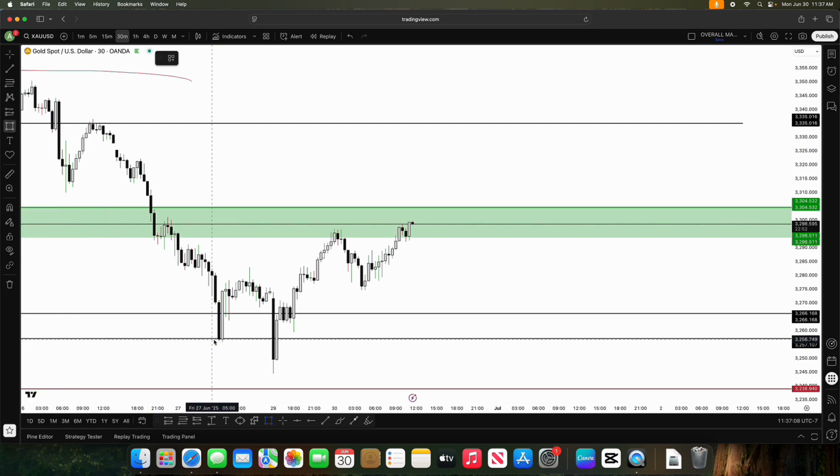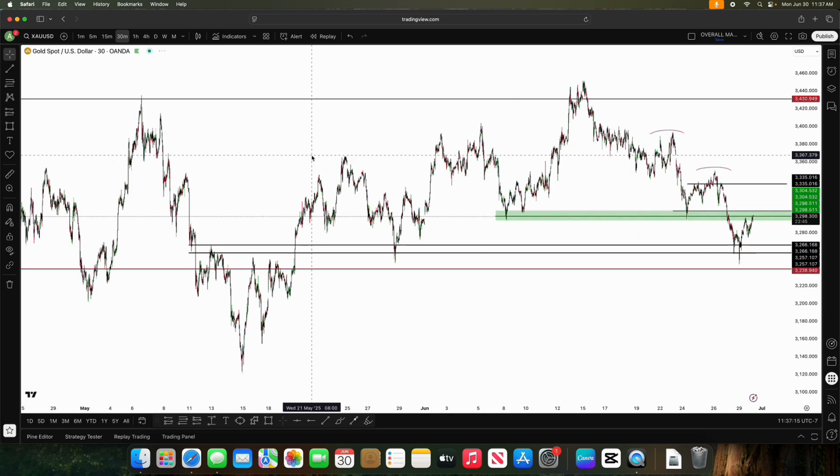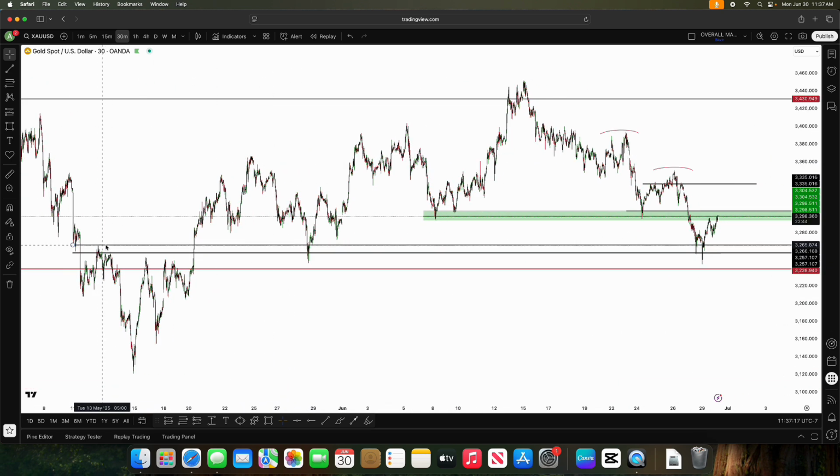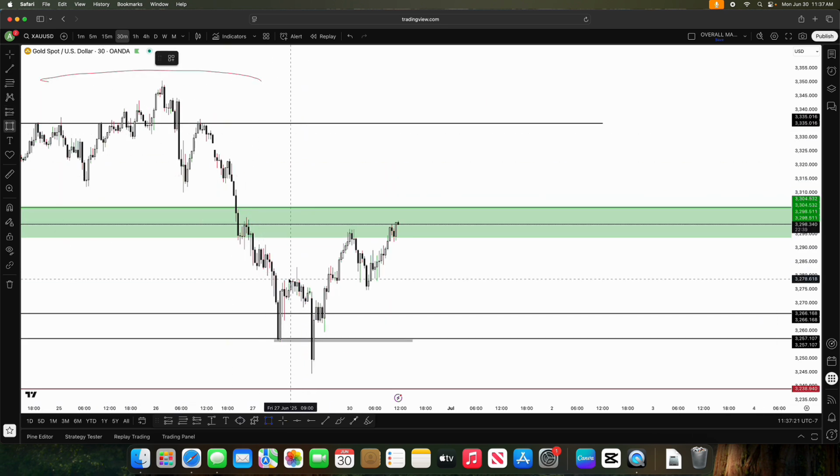We see here on the 30-minute time frame, price tested this level of support based off your 30-minute, but it also tested our transition level based off our higher time frame over here.